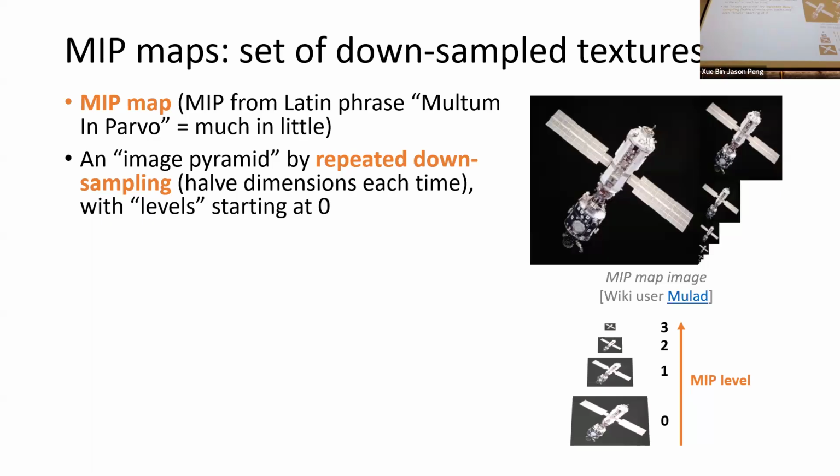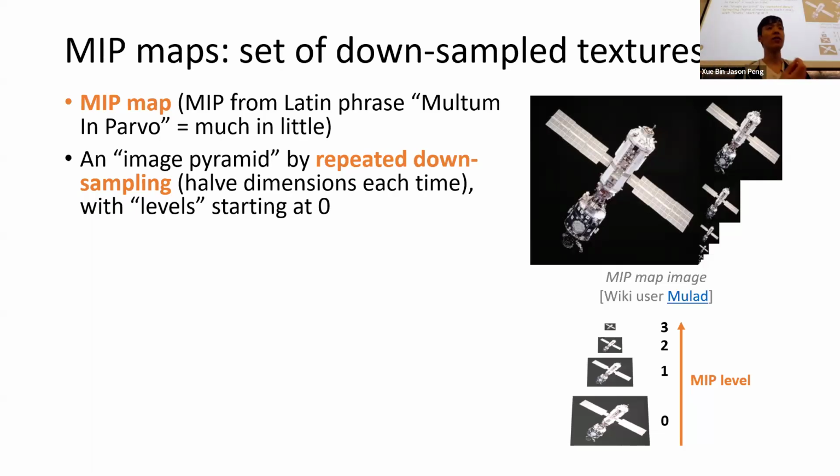So for example, if we determine that a pixel covers a 2x2 region of the original texture, instead of sampling 4 different texels from the original texture, we can just sample a single texel in the first level of our mipmap pyramid.